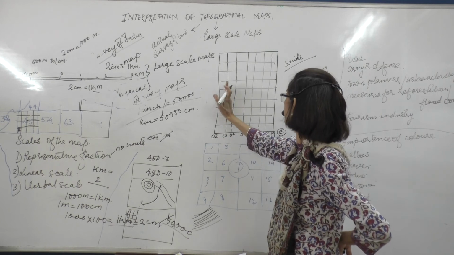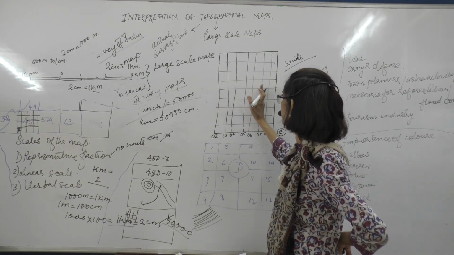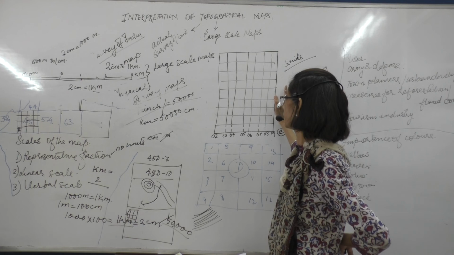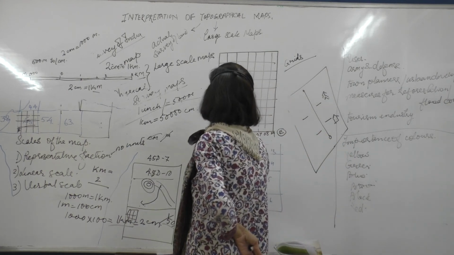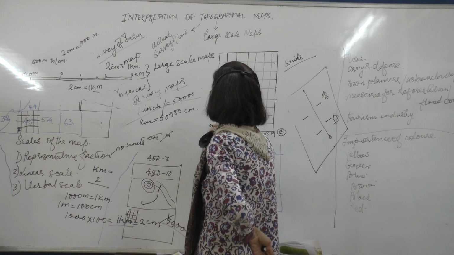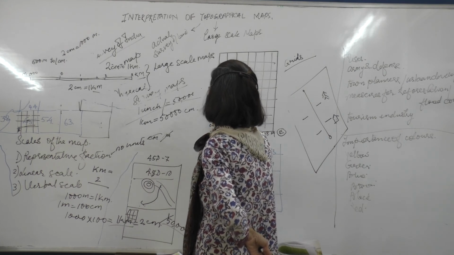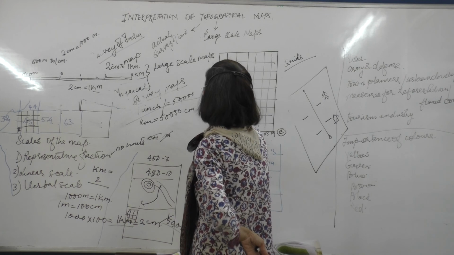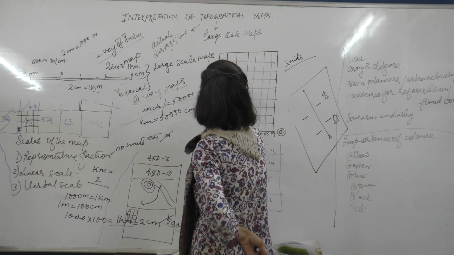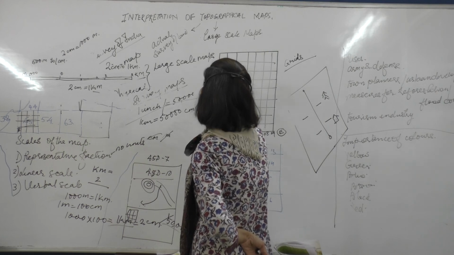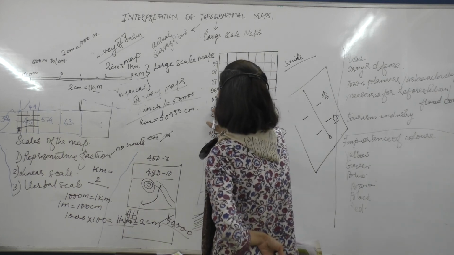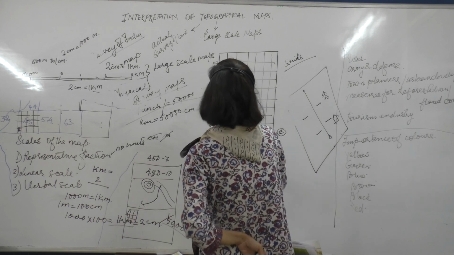Okay, but we are going along this vertical line. Now look at the numbers increasing: 1, 5, 6, 7, 8.